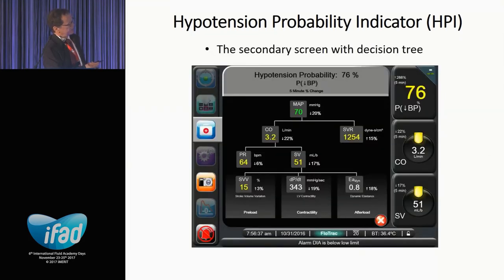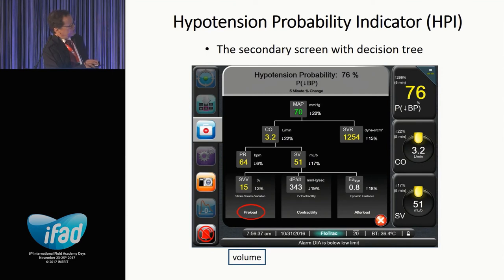This is the secondary screen I just enlarged for you, and this gives you information about your preload. So based on stroke volume variation, you can get information about the preload, and if the preload is low, you might consider volume intervention. It also looks at the upstroke of the curve.